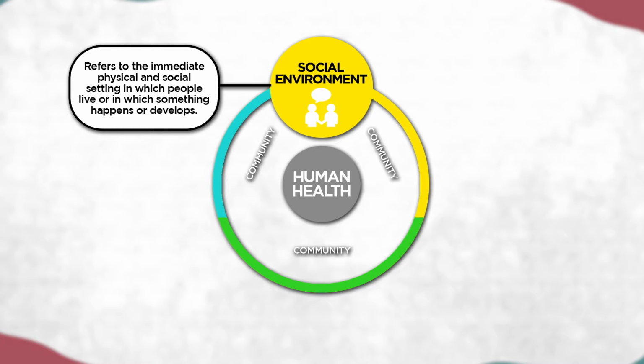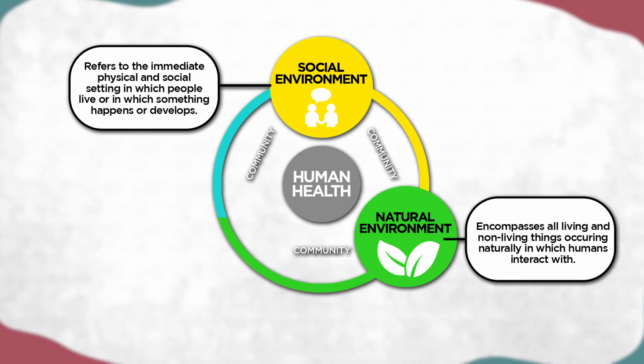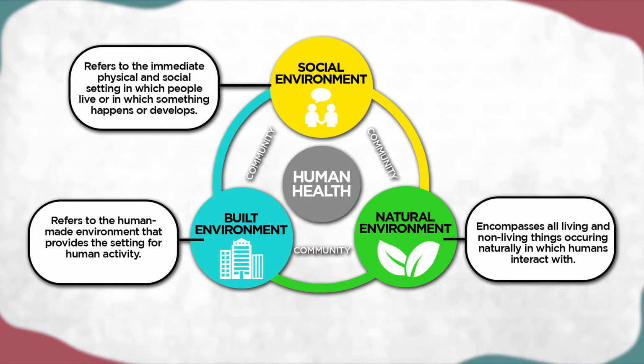Of course, we are familiar with the natural environment that encompasses all living and non-living things occurring naturally, with which we humans interact. Finally, we have the so-called built environment, or the human-made environment that provides the setting for human activities. These three comprise our respective communities, which directly influence the condition of human health.